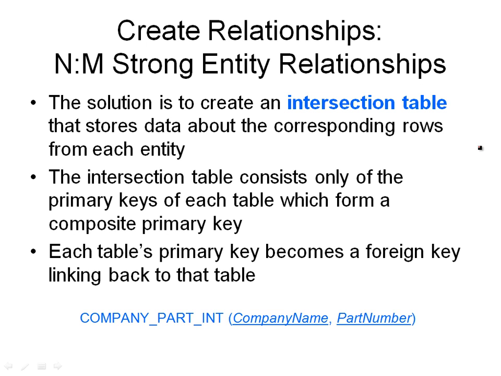The mission of the intersection table is to connect those two tables with the information that's being repeated or that has redundant information. So each table's primary key can become a foreign key linking back to that original table.